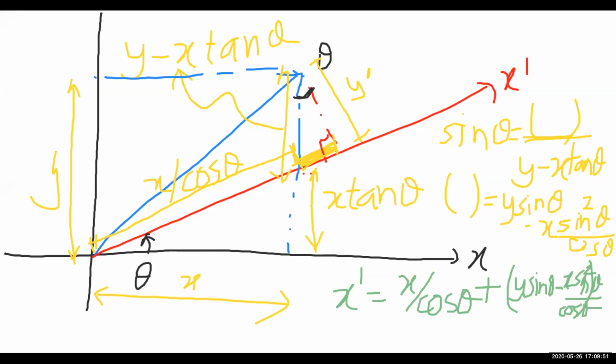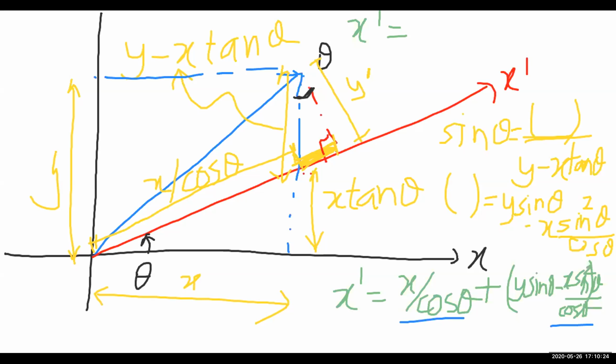Can you tell me the answer to this? What is x dash? X dash is equal to, तो ये वाला x का टर्म और ये वाला x का टर्म ऐड करेंगे, दोनों में LCM तो वही है, मतलब दोनों में डिनोमिनेटर तो सेम है cos थीटा, तो ऊपर क्या आएगा न्यूमरेटर में? You'll get x minus x sine square theta.